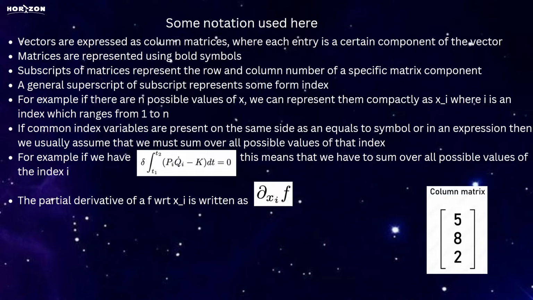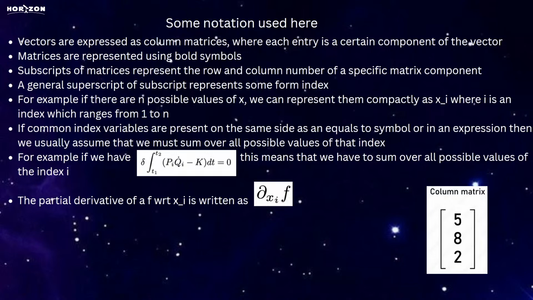Now, if common index variables are present on the same side of an equal sign or in an expression, then we usually assume that you must sum over all possible values of that index. For example, we have this integral over here, which says del of the integral of pi qi dot minus K dt equals 0. Again, for the notation, this qi dot means the derivative of qi.